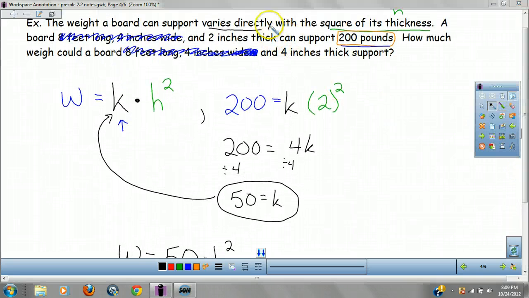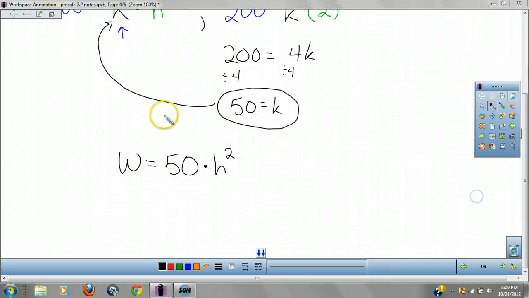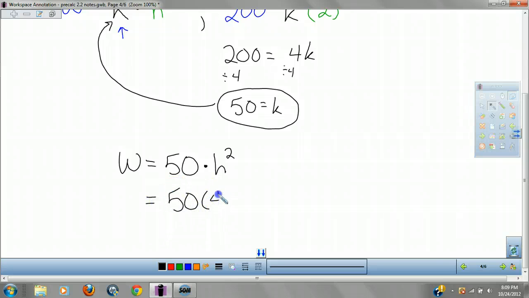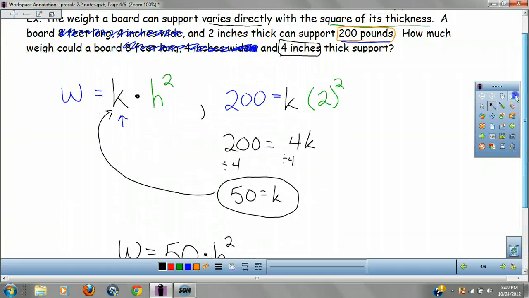So it asked us how much weight could a board 4 inches thick support? Well, I plug that in for my thickness, right? And I end up with, well, whatever 50 times 16 is, which is 800 pounds it can support.